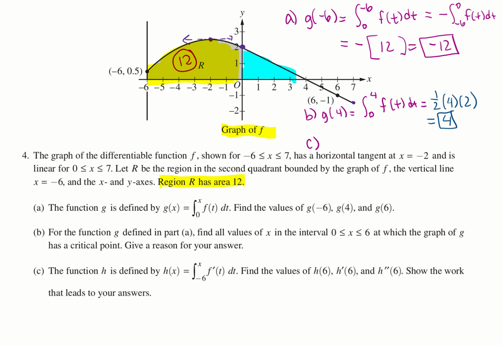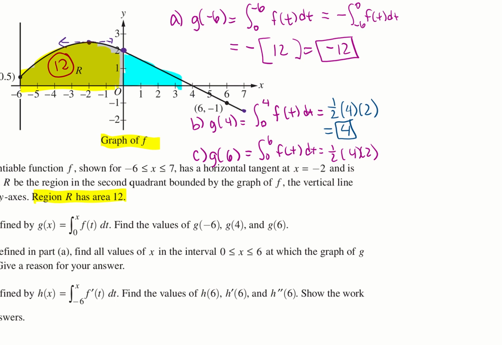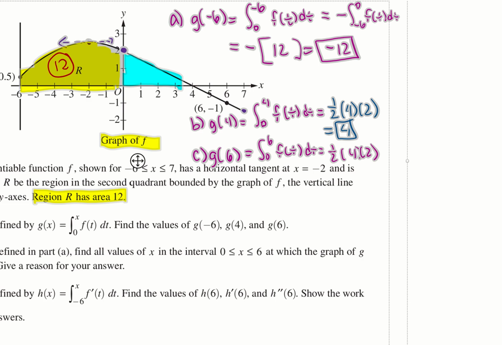Part C, we're going to do g of 6. So g of 6 would be the definite integral from 0 to 6 of f of t dt. Again, using the area model, I have 1/2 of 4 by 2, which I just calculated as 4, and that was a positive area because I'm above the x-axis. And then I have another triangle that is going to end at the 6.